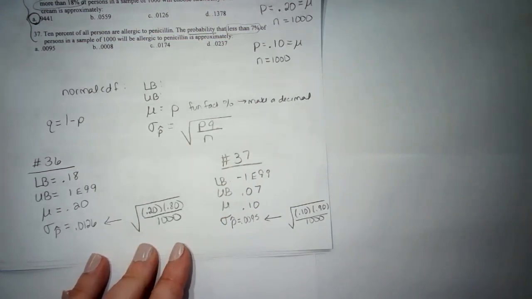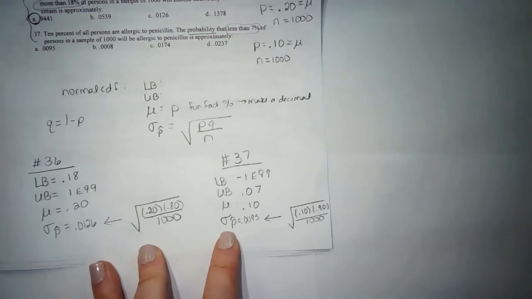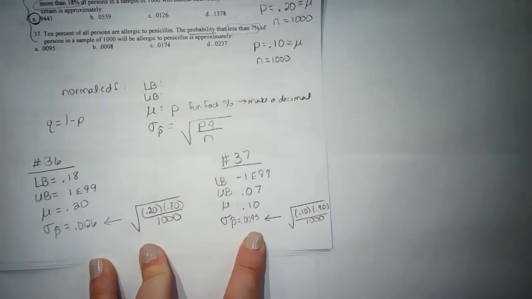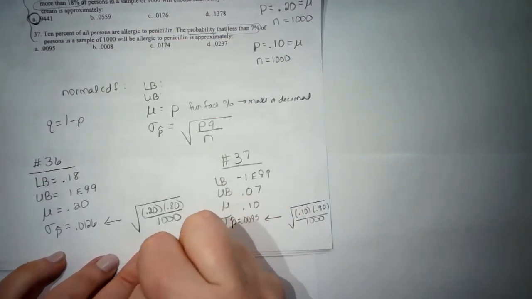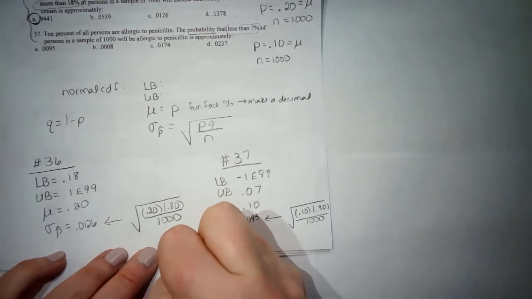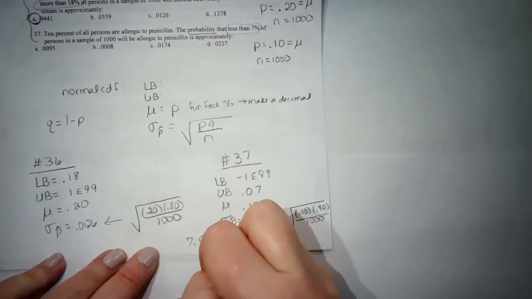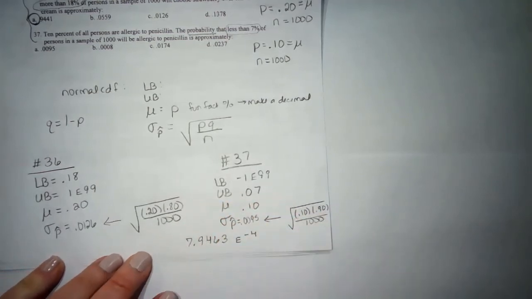If I put this in my calculator, normal CDF, negative 1, 0.07, 0.10, 0.0095. You can't see this at home, but what just popped up on my calculator is 7.9463 e to the -4.